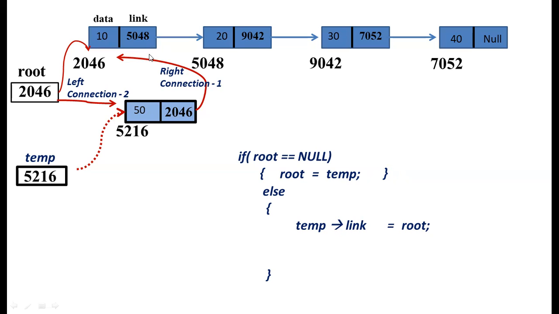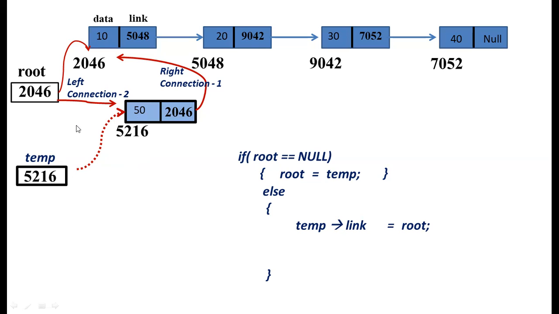Now the second connection. The right side connection is over, so next we need to make the left side connection. In the root variable, we have to store 5216. What is 5216? It is the temp value, so we can store it into this.